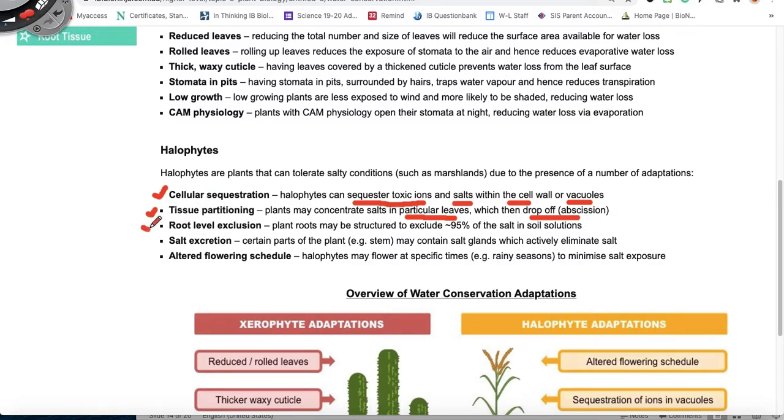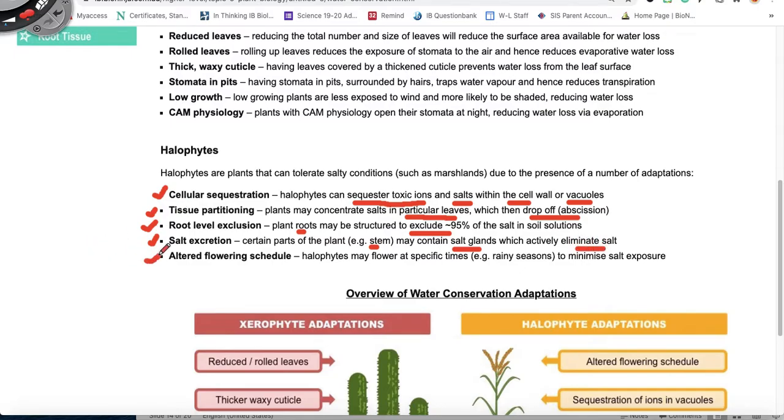And then they have root level exclusion. That means the roots are picky about what they take in, and they can sometimes exclude approximately 95% of the salt that's found in the soil. And for the salt that does manage to come in, certain parts of the plant, like stems, contain salt glands which can eliminate the salt.